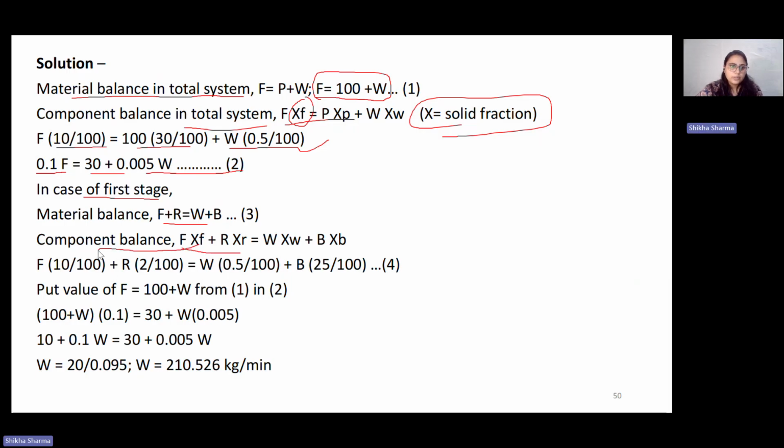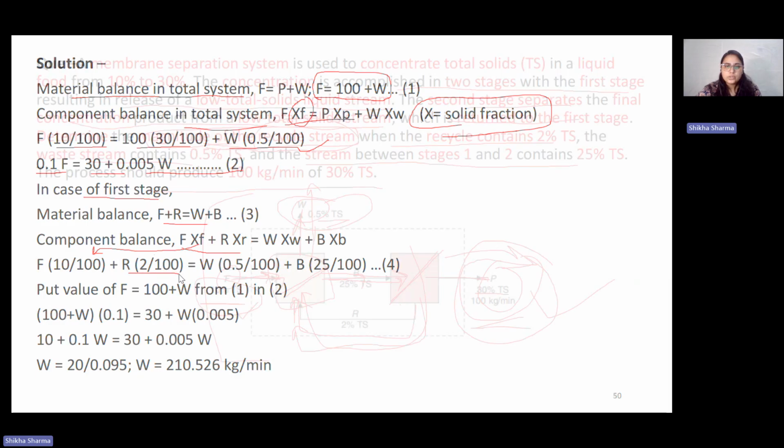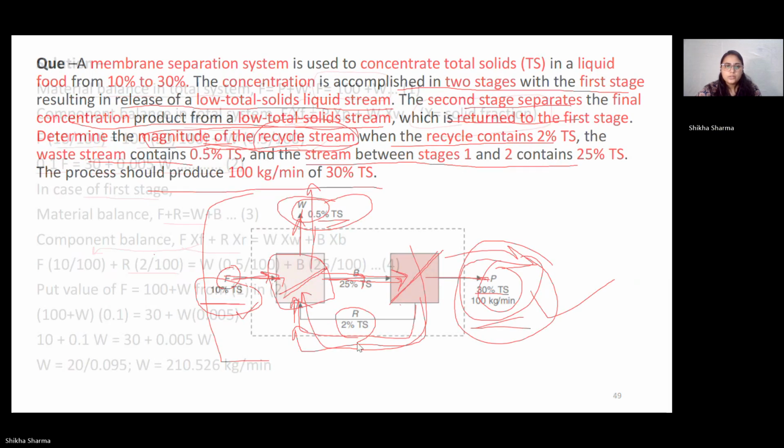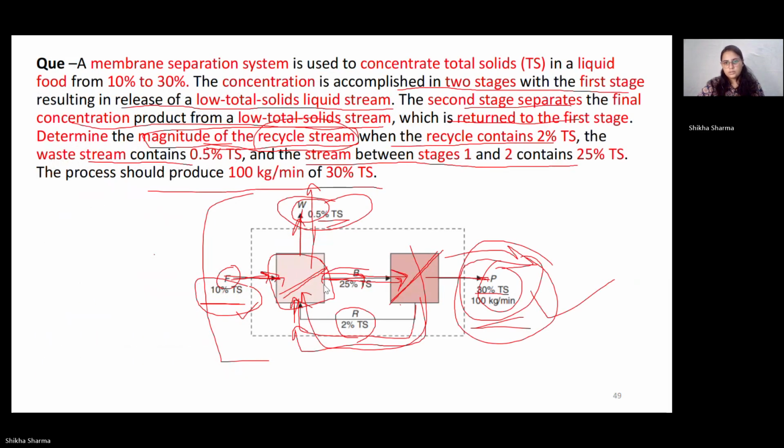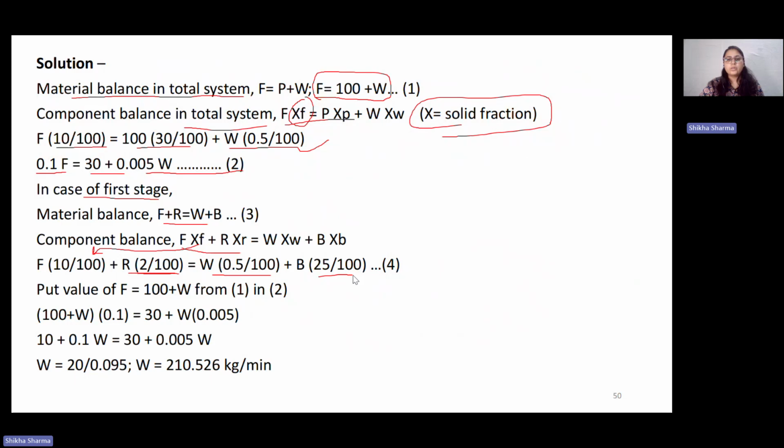As we know, the feed has 10% TS, so F into 10 divided by 100 plus, in the recycled stream, TS is 2%, so R into 2 divided by 100 equals, in waste it's 0.5, so W into 0.5 divided by 100, and B is 25% TS, so B into 25 by 100. So this is equation 4. We have made 4 equations from the material and component balance, from the total system and the first stage.